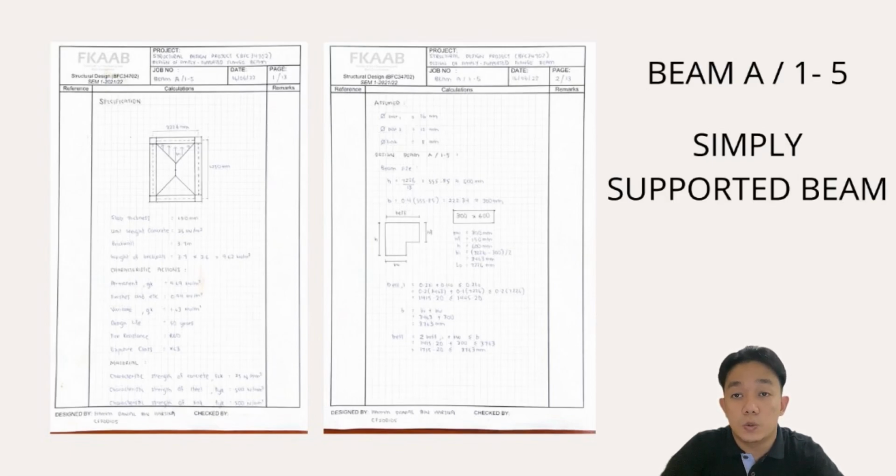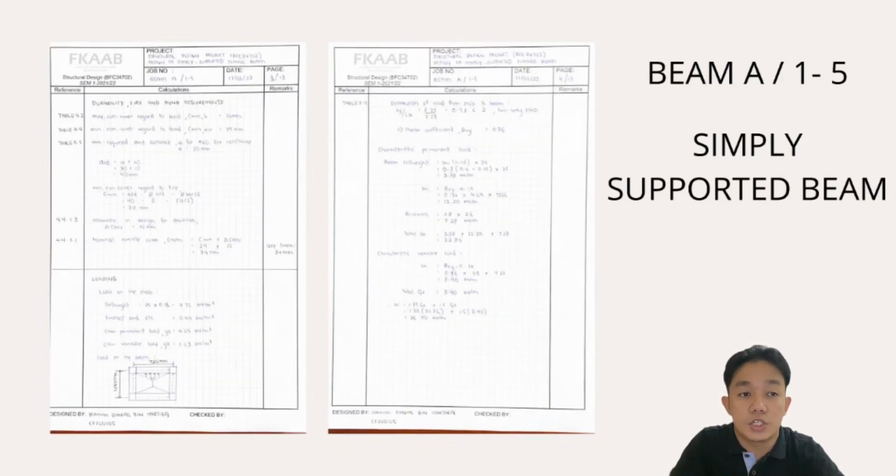We assume bar 1 is 16 mm, bar 2 is 12 mm, and the link is 8 mm. For my part, which is my beam, I calculate that my h is 600 mm and the b is 300 mm, so it is 300 times 600 for my beam. Next page is durability, fire and bond requirements, which all of our group members used the same method.